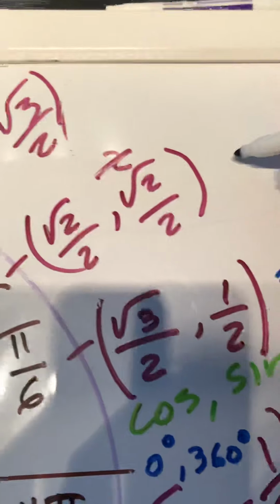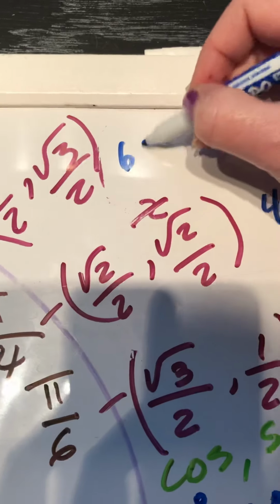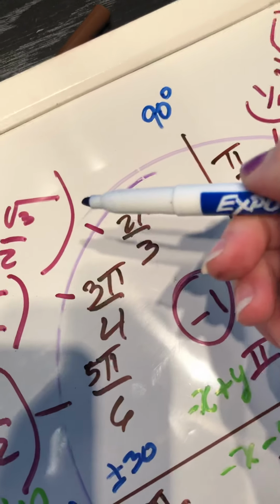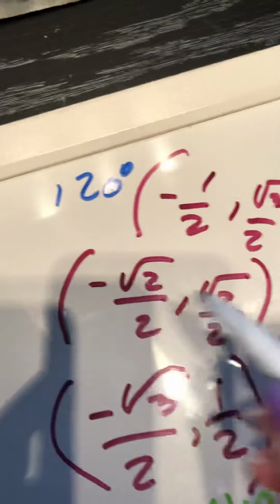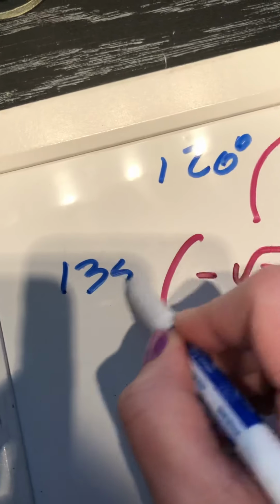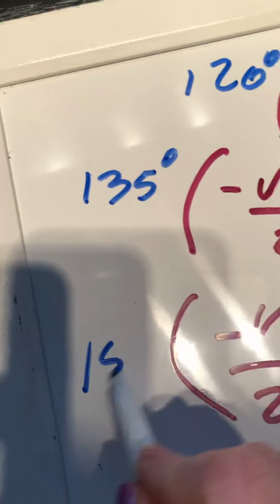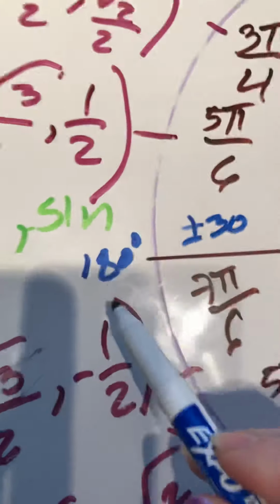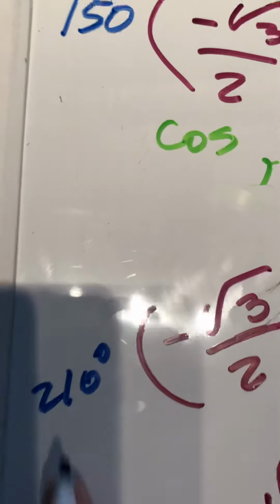So 30 plus 15, 45, plus 15, 60, plus 30, 90. 90 plus 30, you're gonna have 120, let's put it right here. 120 plus 15, 135, plus 15, you're gonna have 150, plus 30, you're gonna have 180, plus 30, you're gonna have 210.